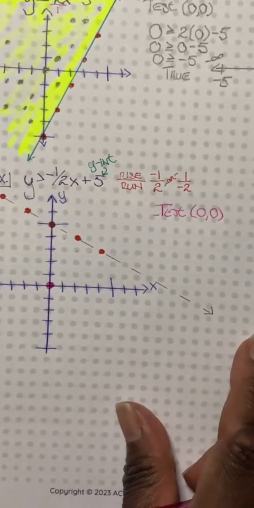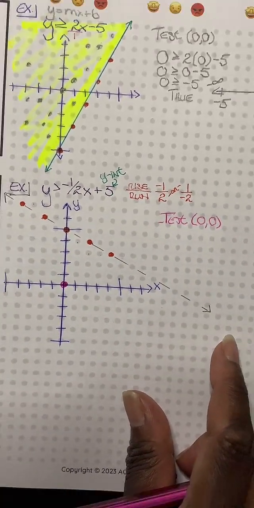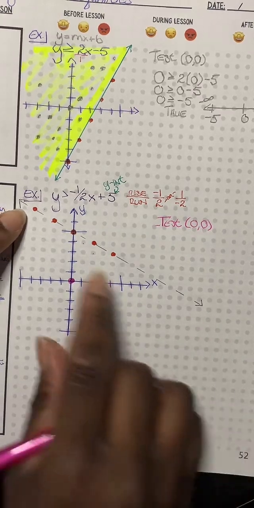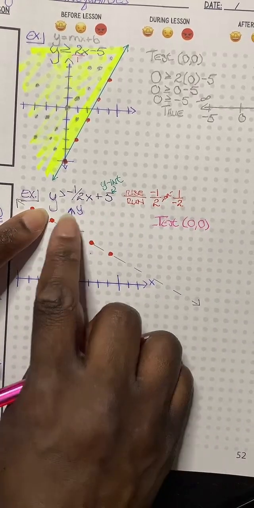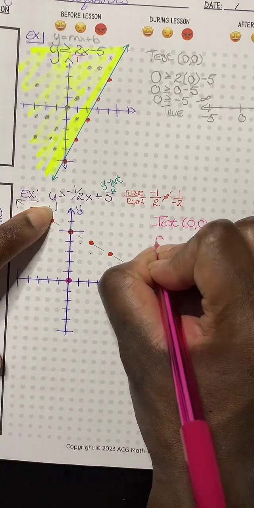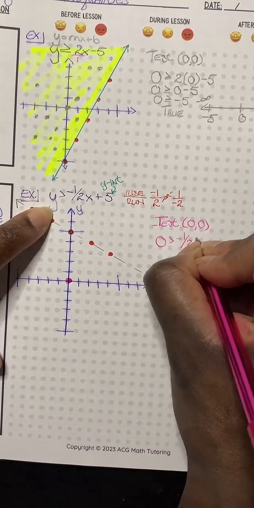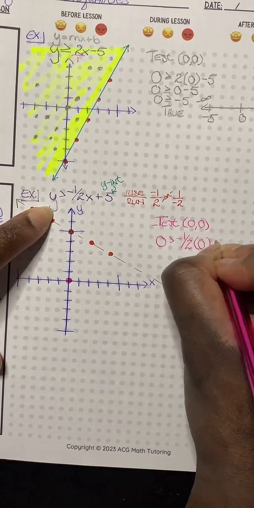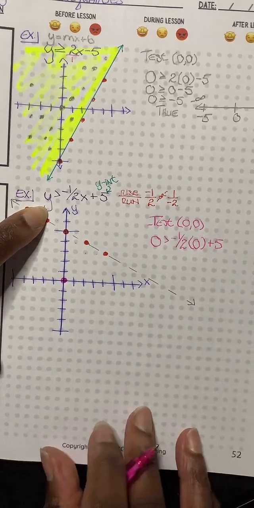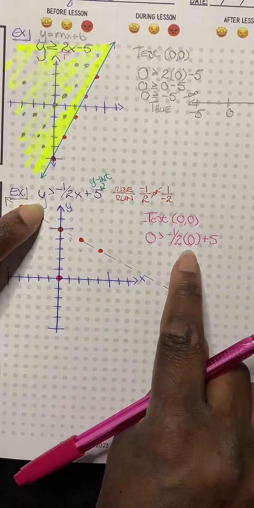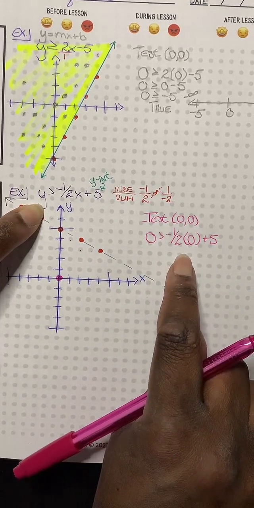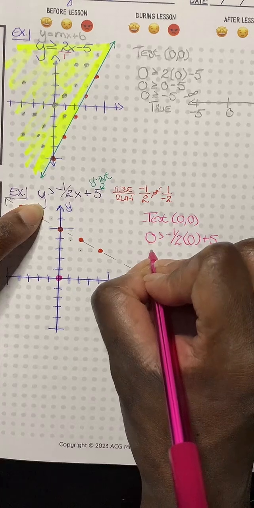So we're using that inequality. We're going to plug a 0 for the y, and we're going to plug a 0 for the x. Now, anything times 0 will be 0.